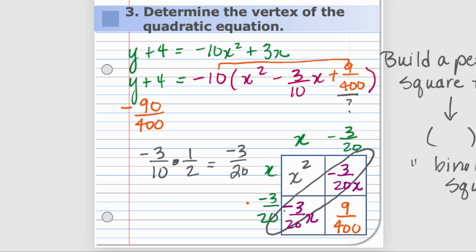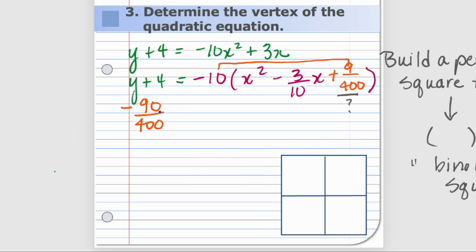Okay, I'm going to erase all the visuals and continue with just the algebra. Definitely it's a 9 over 40 there. So y plus, we'll have a common denominator of 40. We have 160 on the top, because 4 is the same as 160 divided by 40, minus the 9 over 40.